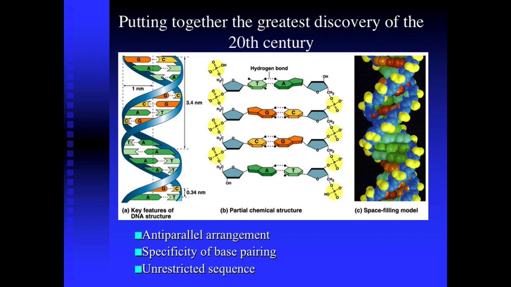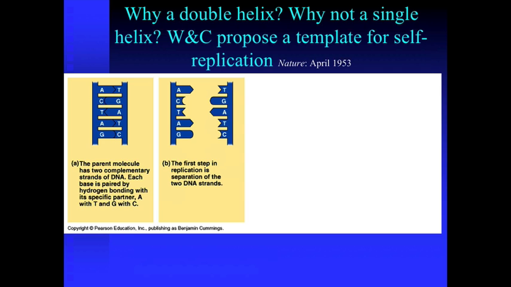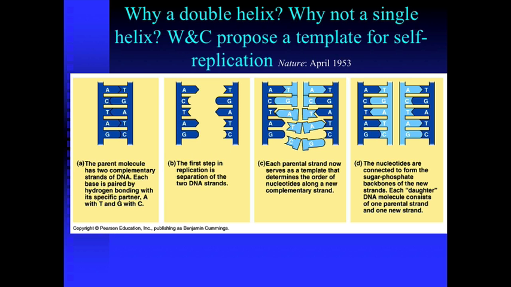The second requirement is the molecule must be capable of self-replication, of copying itself. And when we say that, we mean that each half of the double helix, each side of the double helix, is going to become a template for making a nascent, meaning a newly formed, strand.